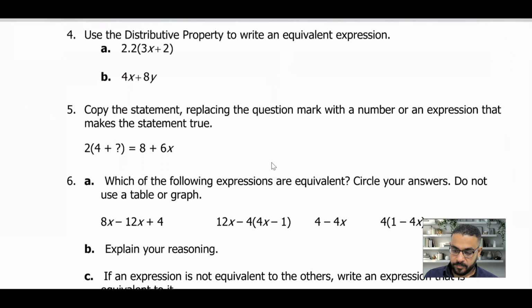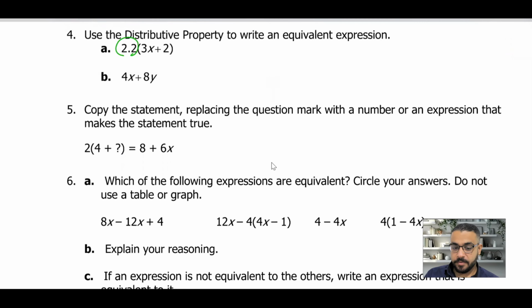Okay. Moving to question number 4. Use the distributive property to write an equivalent expression. Distributive property means if you got any number before the bracket, just multiply by each term inside the bracket.